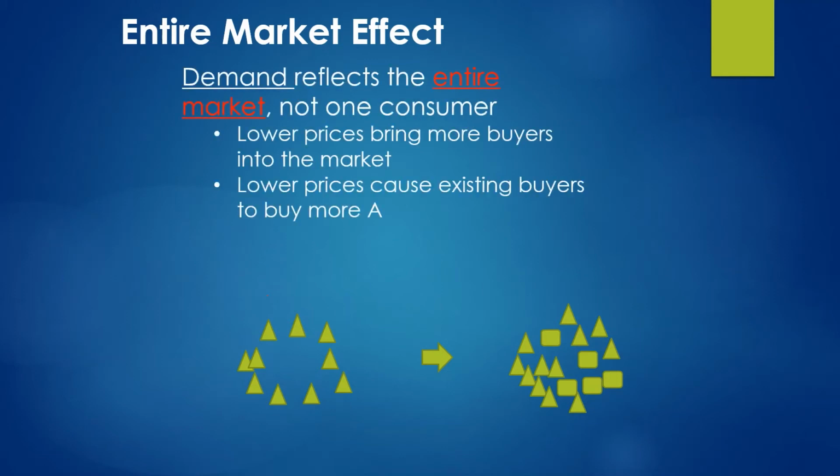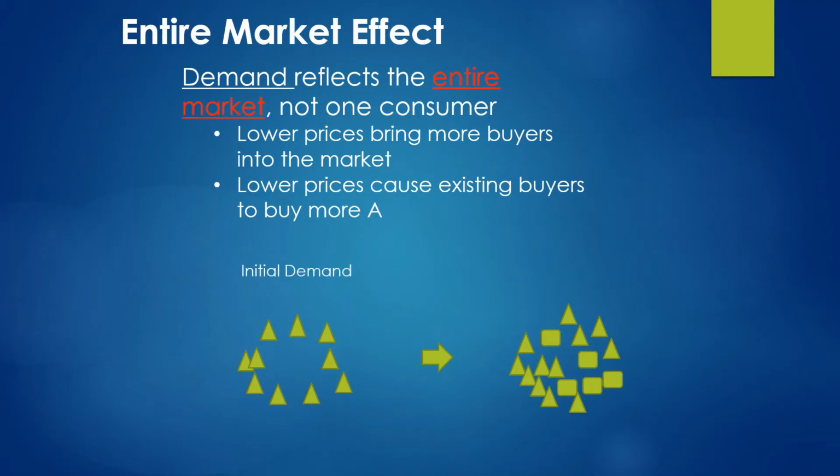You know that demand reflects the entire market, not the demand of a single consumer. So whenever there is a decrease in price, it will bring more buyers into the market. And further, when the prices are lower, the existing buyers in that market can also purchase more.